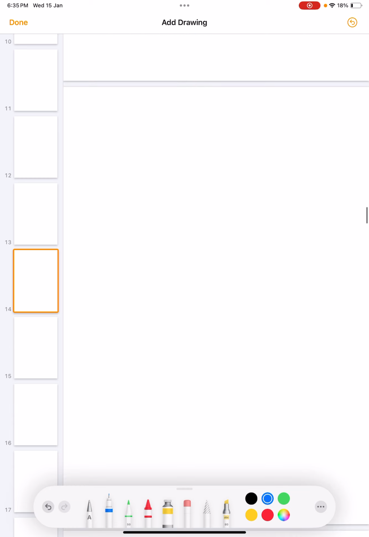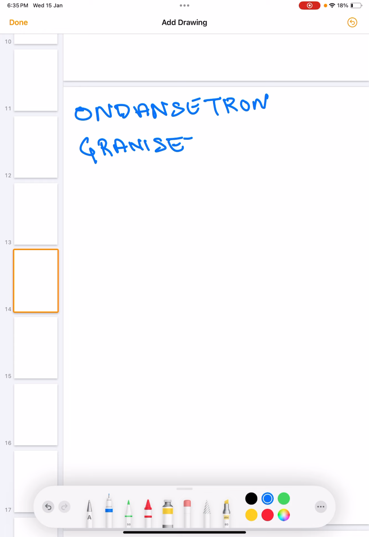Now what are the drugs? The drugs are ondansetron, granisetron, dolasetron, palonosetron.